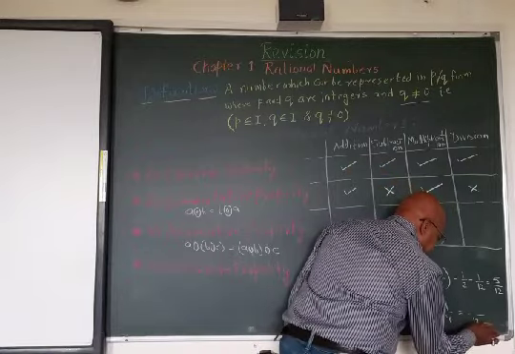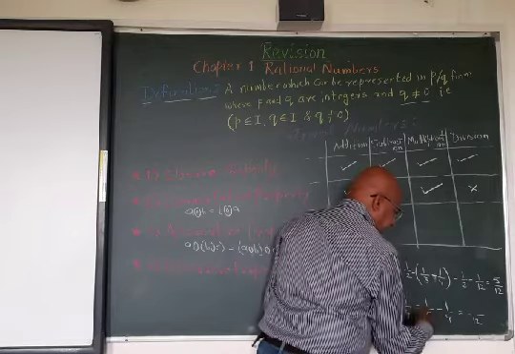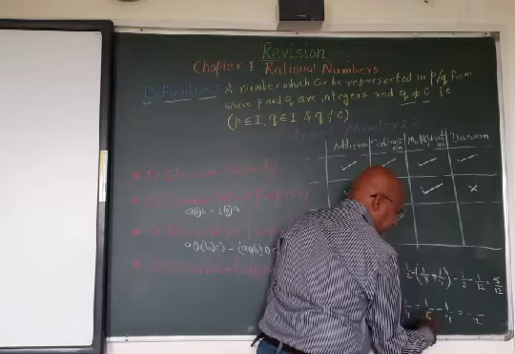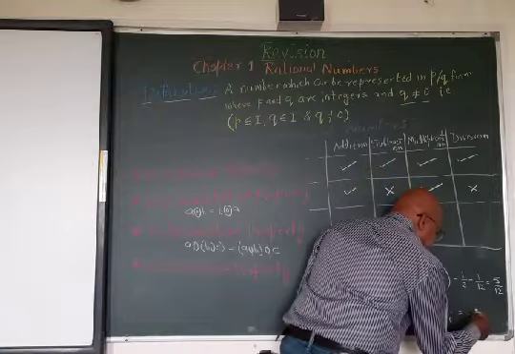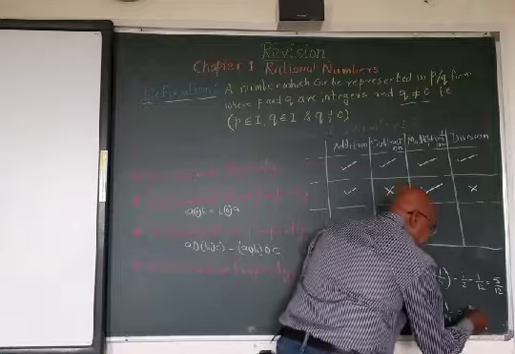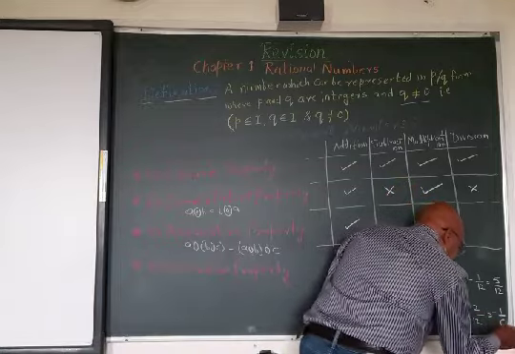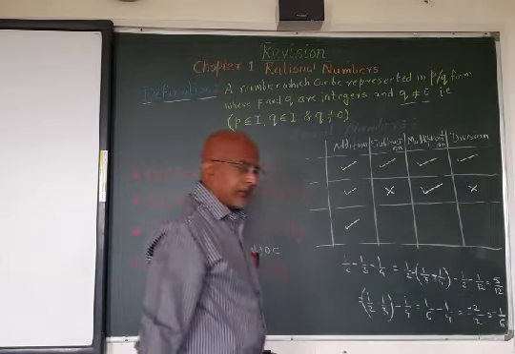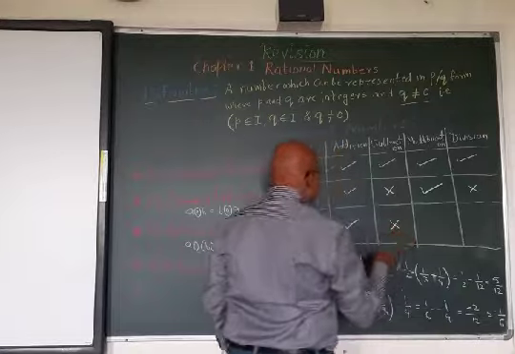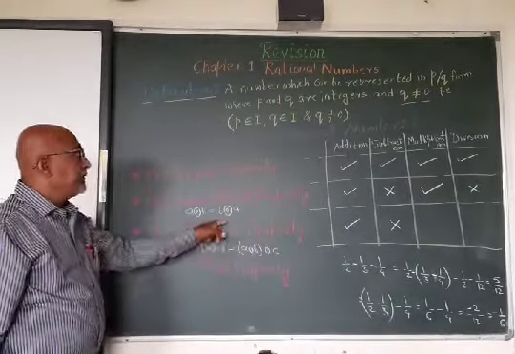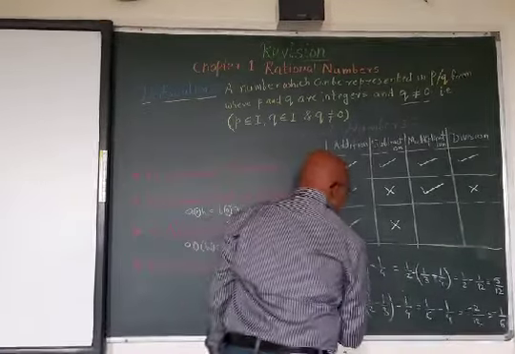So we'll put 12 here. 4 and 6. So 4 minus 6 it will be. So what we get? 4 minus 6 is minus 2. Are they same? No, they are not same. So we'll say subtraction is not associative in rational numbers.